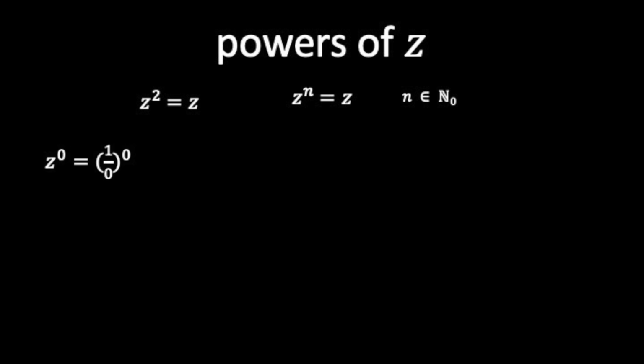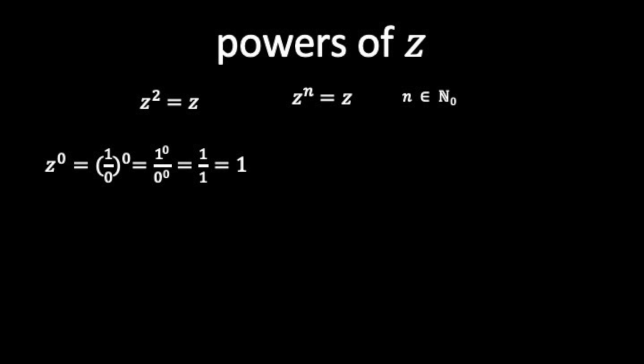If we define z to the 0th as 1 divided by 0 to the 0th, this becomes 1 to the power 0 divided by 0 to the power 0, which is 1 divided by 1 if we take 0 to the power 0 to be 1. And of course, 1 divided by 1 equals 1.